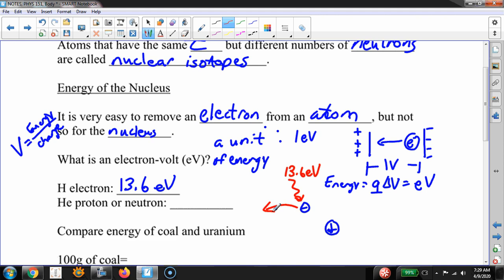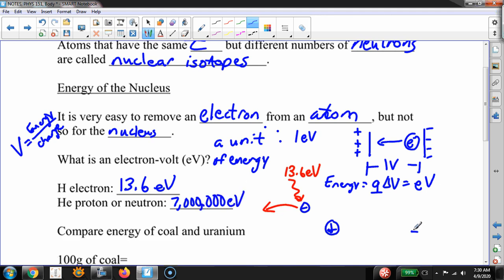Just for reference, the energy to remove a helium proton or neutron requires a much different energy. It requires 7 million electron volts.